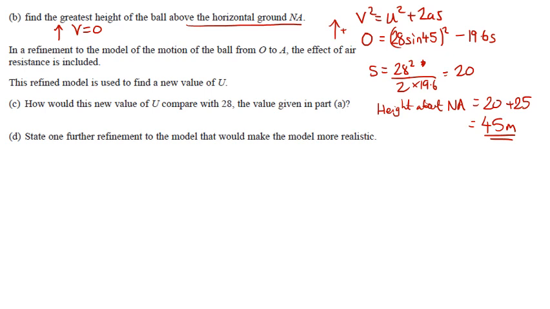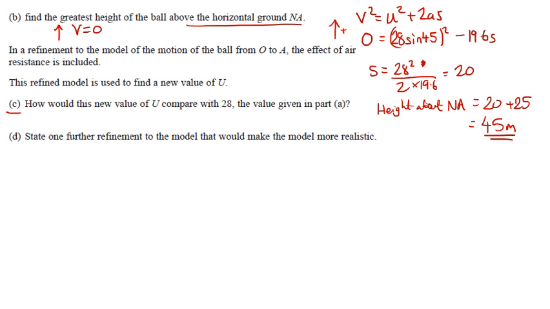Okay, then C and D, we're told now that air resistance is included. So first of all, part C, how would the new value of u that you calculate compare with 28? If you think about it, it's still going to have the same range, 100 meters, but it's having to work against air resistance.